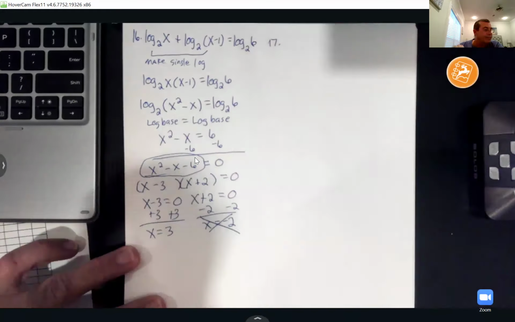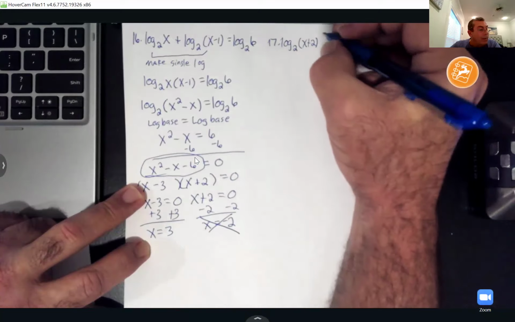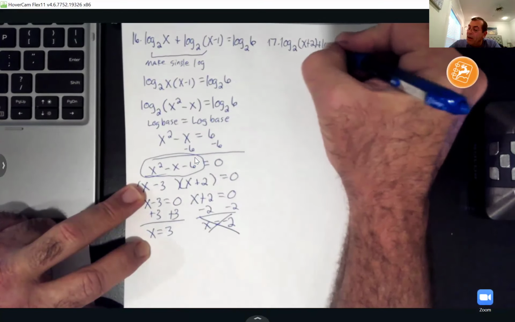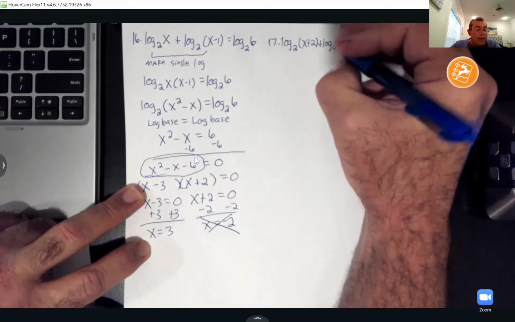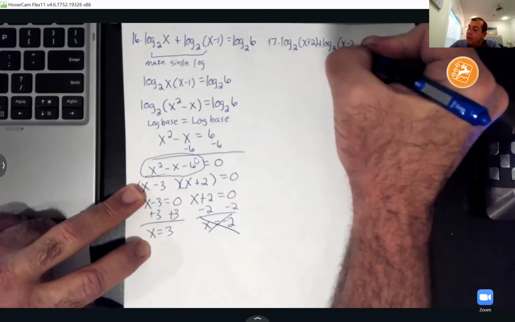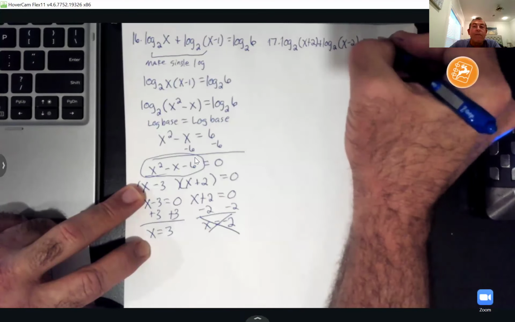Oh, so 17 is just like 16, okay? Although they don't have a log on the right side, it's got log base 2 of x plus 2, plus log base 2 of x minus 2, and that's going to equal 5.